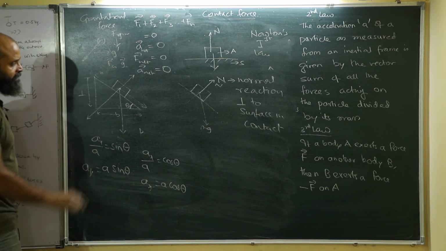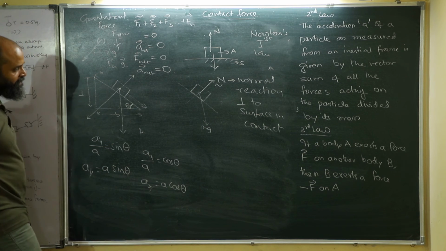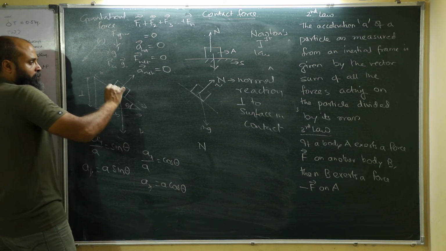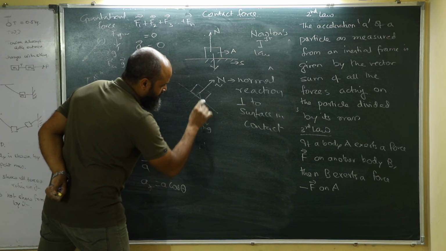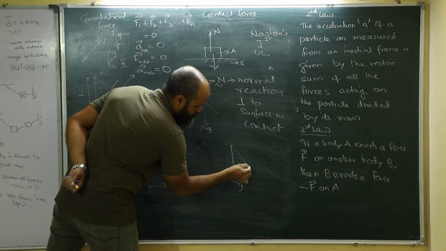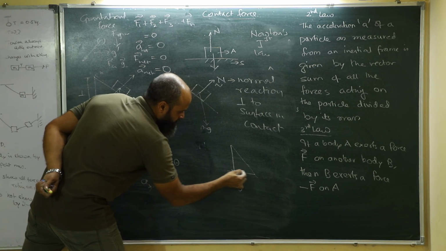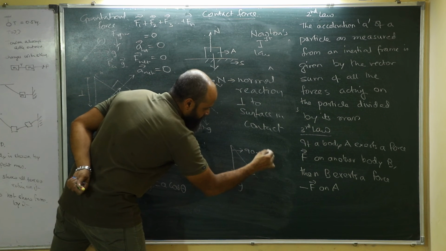So if this body is in equilibrium, if this body is not sliding down as of now, how do we resolve this? Or even if it is sliding down, the body is not moving this way, neither this way. So if I resolve this mg into two components, what do we have here? This is mg, and let's closely look at this angle. This angle here is theta, so obviously this angle means 90 minus theta.